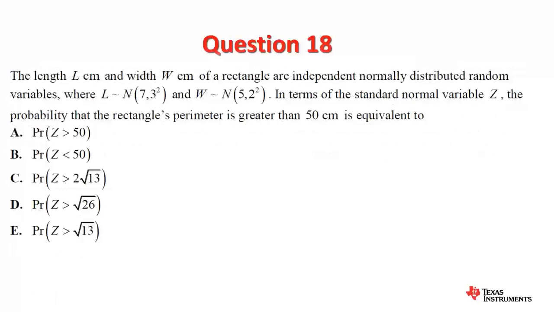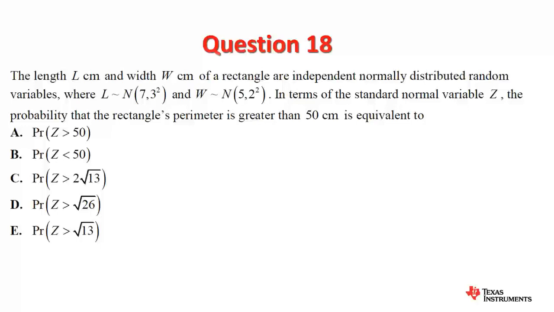We're now moving on to the sample mean and random variable distributions. In this question, we have the length L and width W of a rectangle, which are independent, normally distributed random variables, where the length is normally distributed with a mean of 7 and a standard deviation of 3. The width is also normally distributed with a mean of 5 and a standard deviation of 2.